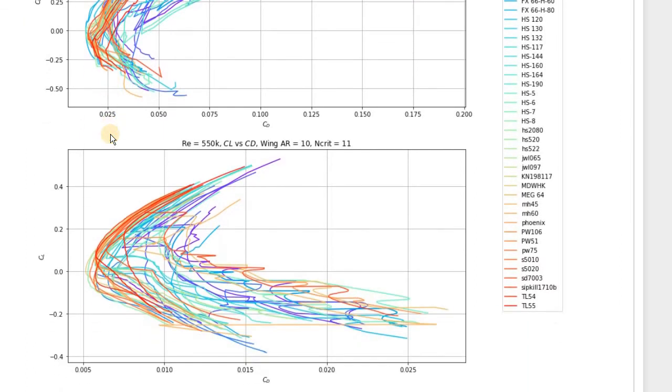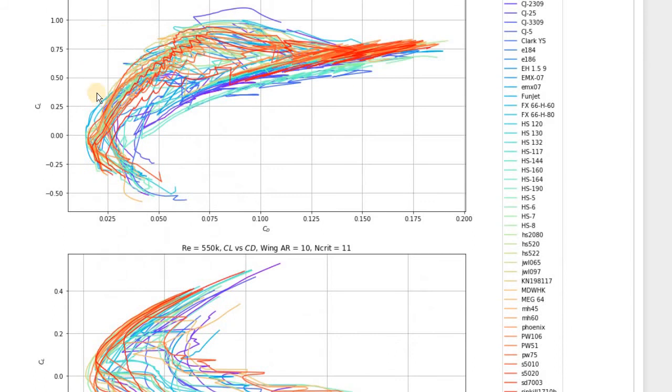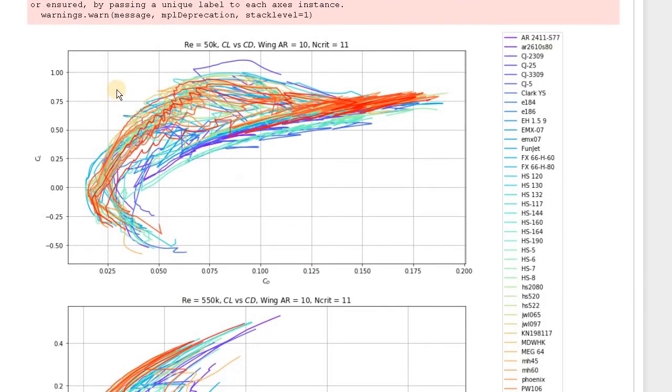And the second requirement is to have efficient operation at high speed. So we're going to look at the curves for the high Reynolds number, and we're going to choose the ones with the small drag coefficient. So the drag coefficient has to be minimal, and the lift coefficient has to be maximum for the low Reynolds number.